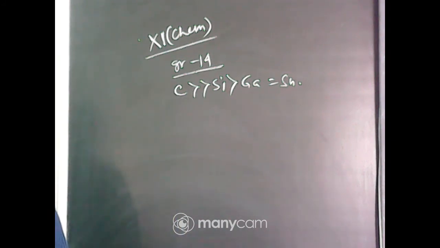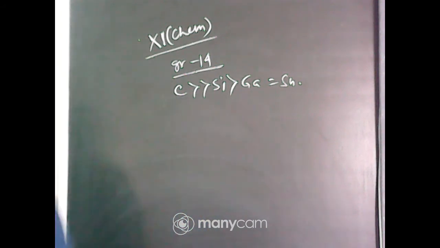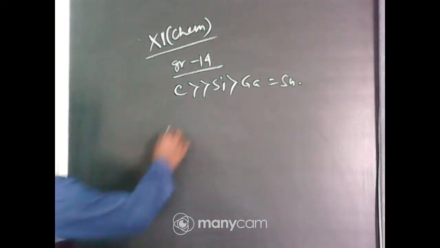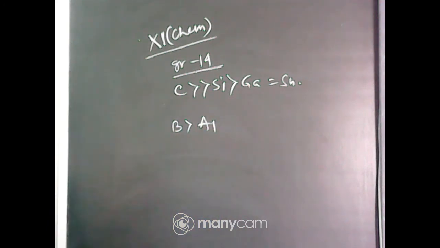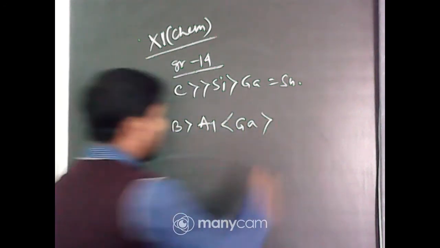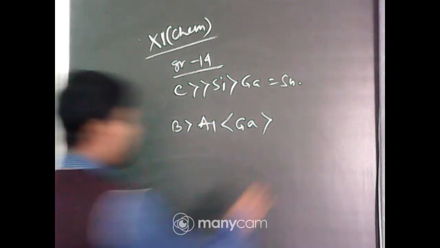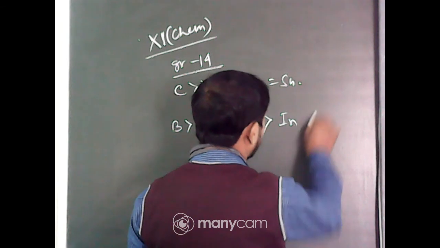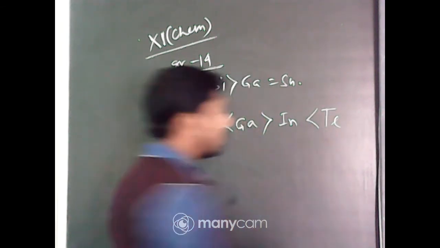The group 13 elements are boron, aluminium, gallium, indium, thallium, and the correct order is boron is greater than aluminium, which is less than gallium, and gallium has ionization potential greater than indium, and indium has ionization potential less than thallium.